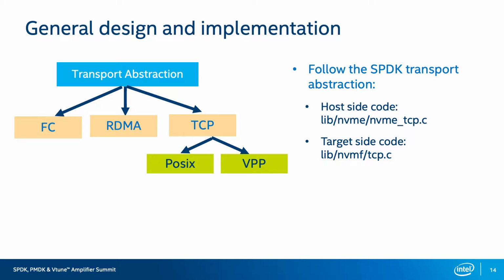The question is that SPDK can already integrate it, but there are some stability issues with VPP. We still need to tune the performance and may also use a newer version of VPP to do some further testing. Also, you can find the NVMe TCP transport support for both the initiator side and the target side in these folders.